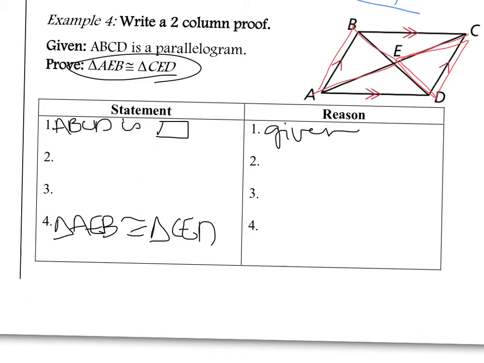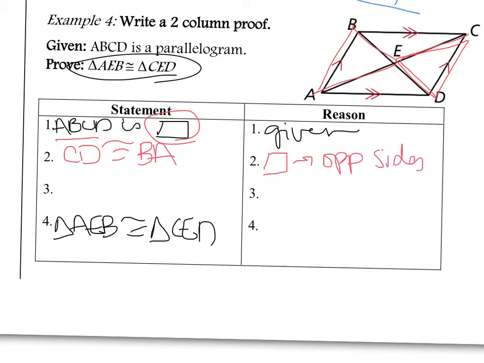So if you were thinking something different than myself, you may not be wrong, but we just need to double check. So the first thing I would do is say, okay, I know this is a parallelogram, so what do I know about parallelograms? Well, I know that CD has to be congruent to BA because in a parallelogram, opposite sides are congruent. What else do I know about a parallelogram? Well, I know that the diagonals bisect each other.